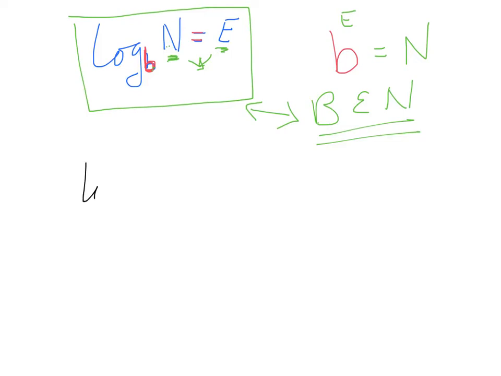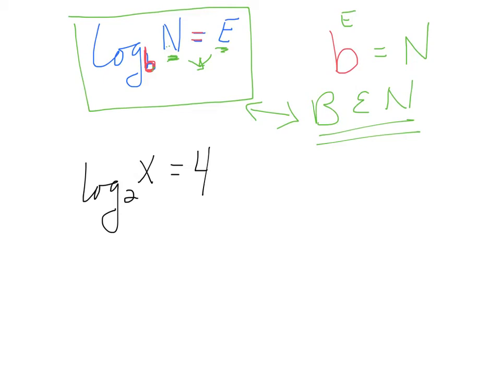So let's say I have the log base 2 of some number, I'll call it x, and I'm going to tell you that the answer is going to be 4.